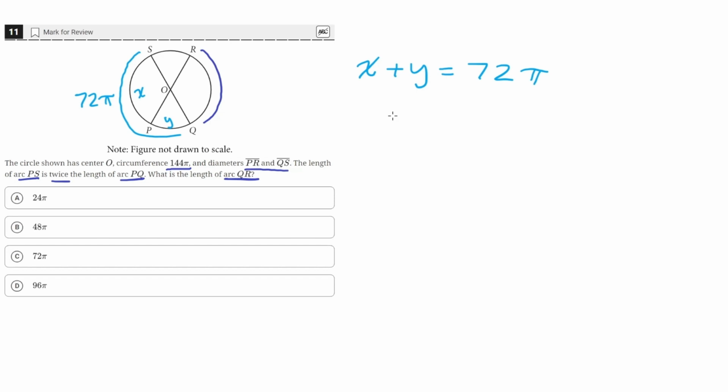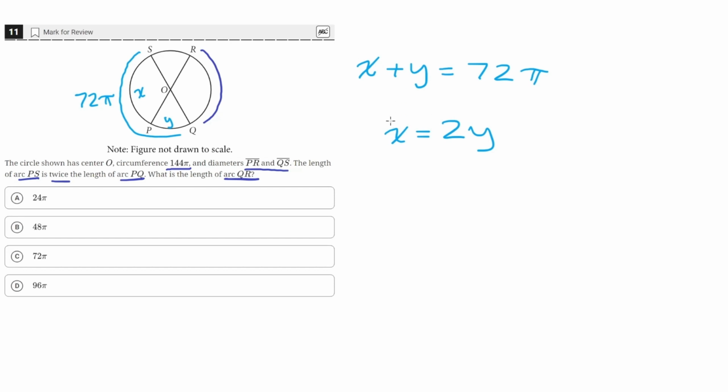And we also know that the length of arc PS is twice the length of arc PQ. So PS here is X. So X is equal to 2 times Y. Since Y is PQ and X is PS, PS here is twice the length of PQ. So then we can substitute 2y into this equation for x.